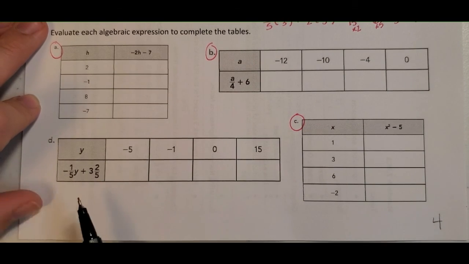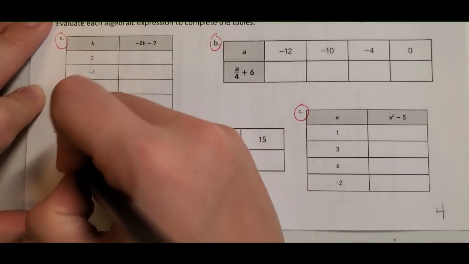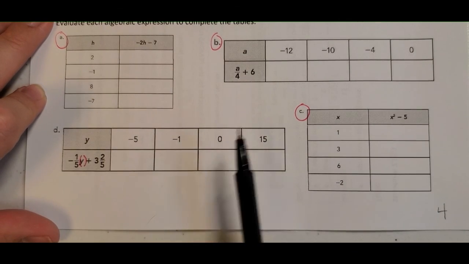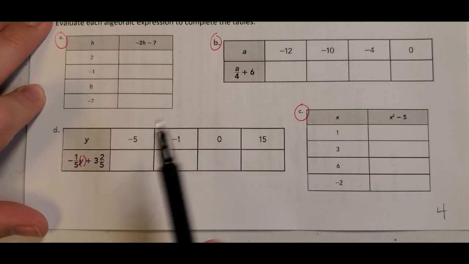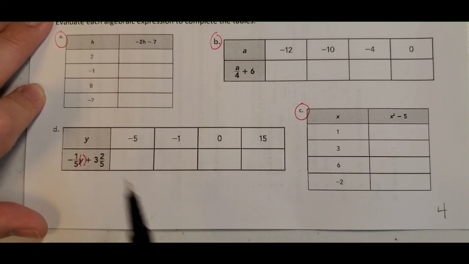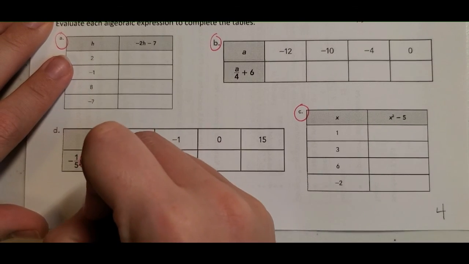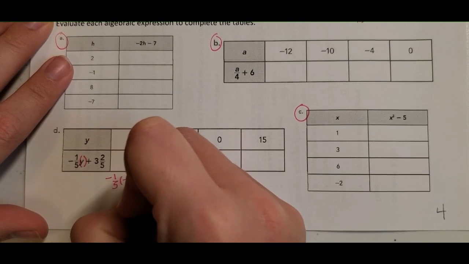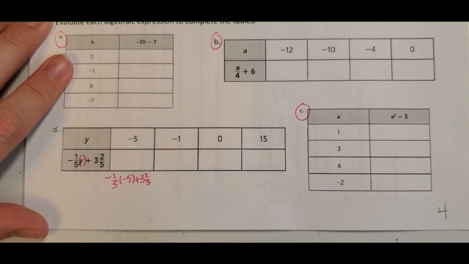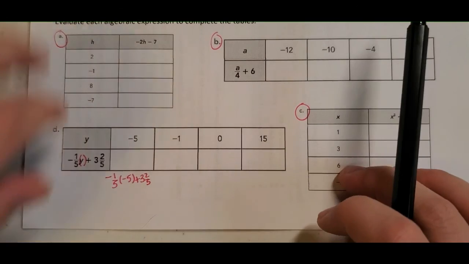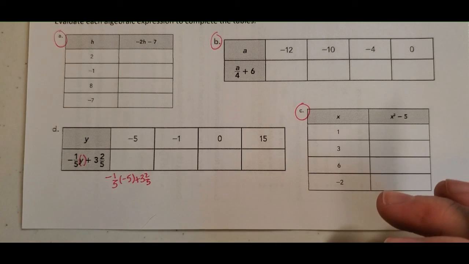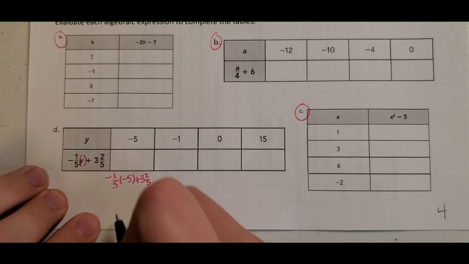So, again, when it's right next to each other, that means to multiply. So, I have -5, -1, 0, and 15. So, I'm going to take the first one, -1/5 times -5 plus 3 and 2/5. So, -1 times -5 is a positive 5.